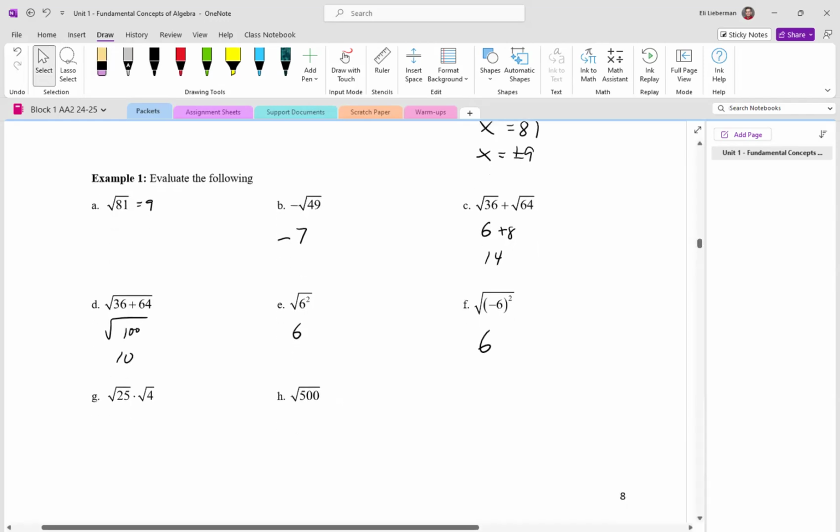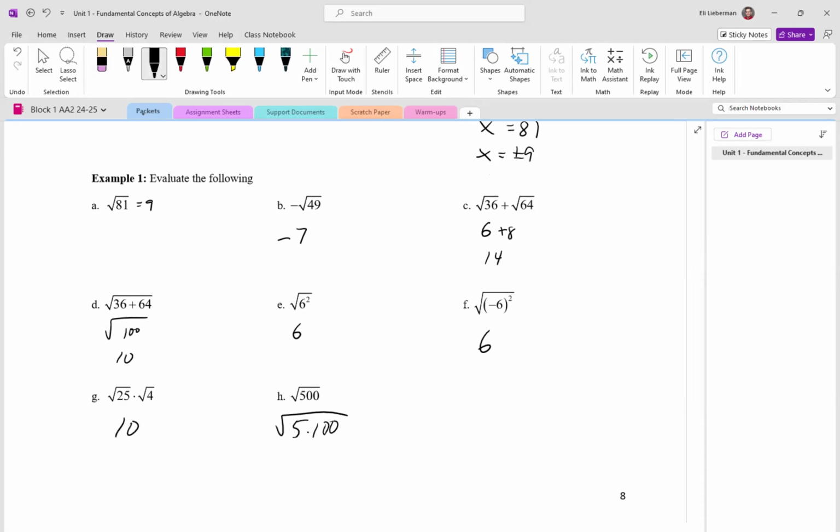G. On the count of 3, 1, 2, 3. 10. Do we need to show work for that? No. H. Did you already finish H? We're good with 10√5? Just to make sure we're okay with that, we break up that 500 into 5 times 100, because we don't know the square root of 500, so you have to find the largest perfect square possible.